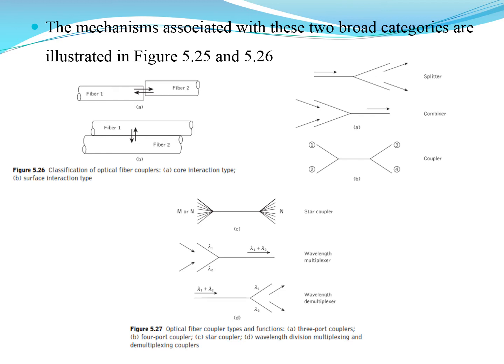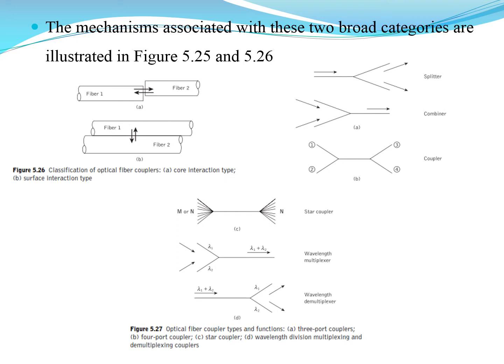Similarly, we have several input ports and output ports through which the light can be coupled into the optical fiber and obtained from any of these ports, which is considered an optical fiber coupler. Then we have the star coupler, which has m inputs and n outputs.